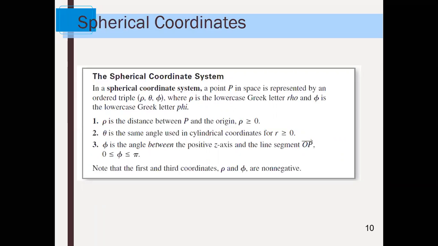So the spherical coordinate system is probably going to be optimal in the case where we're considering surfaces of a spherical nature. That's not always true, but certainly spheres are easy to describe in the spherical coordinate system. So this first letter kind of looks like a P right here.